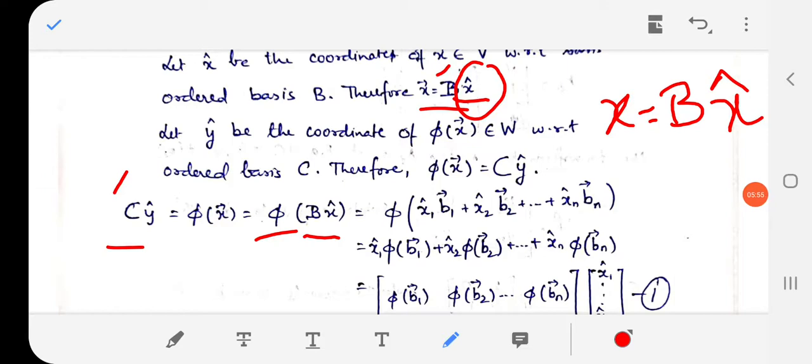Now since it is a linear mapping, you can express this B x hat like this, because it's a linear combination of basis vectors, and the correct multipliers are supplied from x hat. These multipliers, x1 cap, x2 cap, xn cap, are supplied from the x hat vector, or the coordinates of x vector with respect to basis B. That is the definition of coordinates.